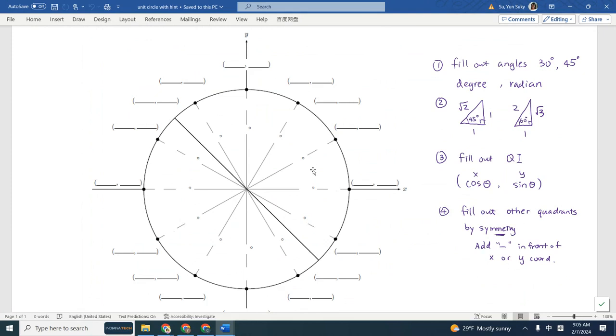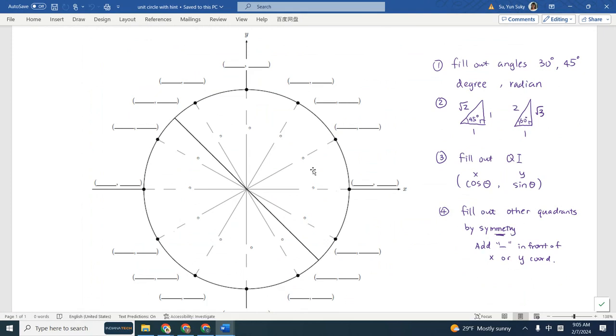For radians, 30 degree corresponds to pi over 6. So you add multiples of pi over 6 until you get to the full circle. And 45 degree is pi over what? 4. So you add multiples of pi over 4 until you get to the full circle. And then how do we figure out the coordinates?